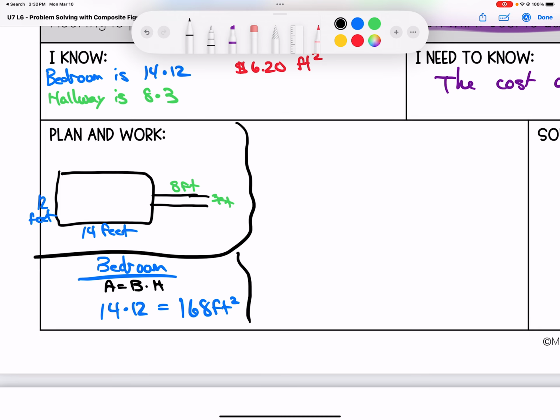Okay. The next is going to be the hallway. It's going to be the same thing, base times height, except this time it's going to be 8 times 3, which is 24 feet squared.